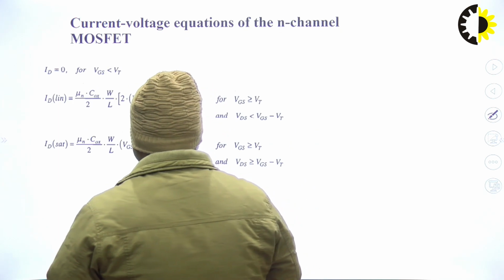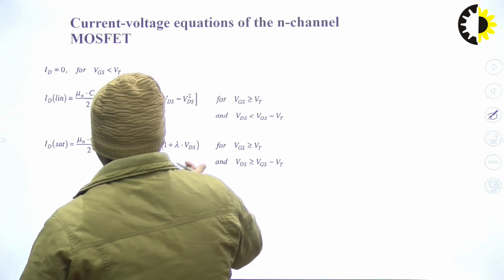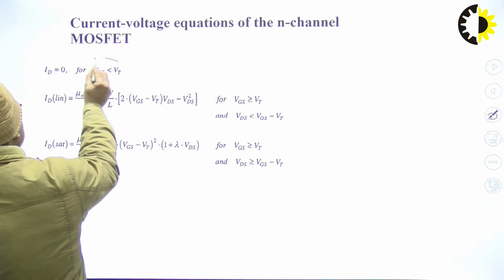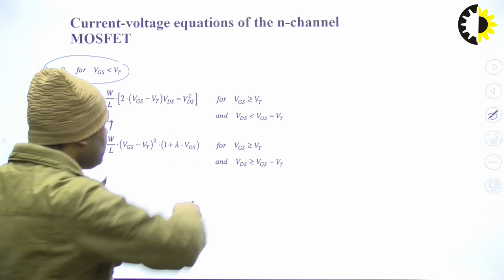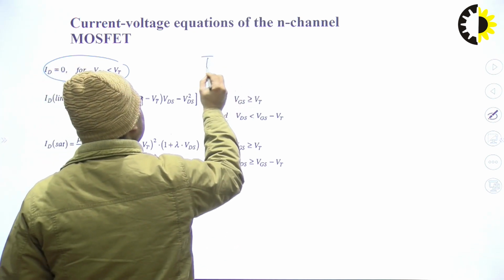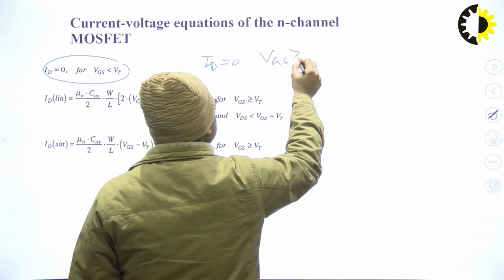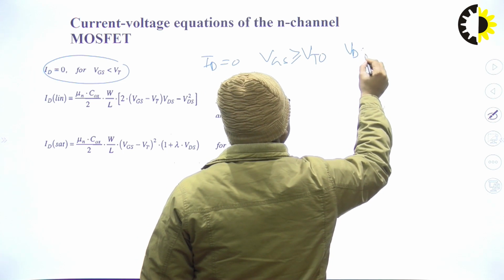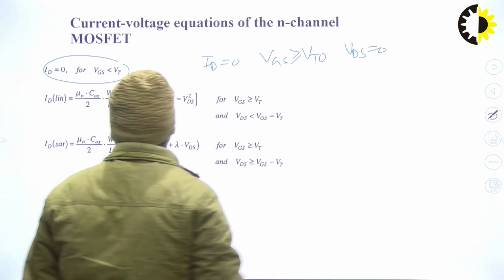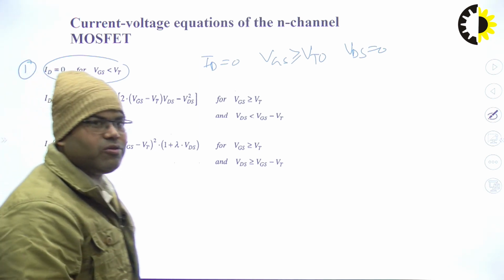This is the current equation for the MOSFET written for different regions. When the MOSFET is cut off, meaning VGS is less than VT, then current ID will be 0. In fact, ID is 0 even when VGS is greater than or equal to VT if VDS is equal to 0. So this is the first equation, when current is 0.